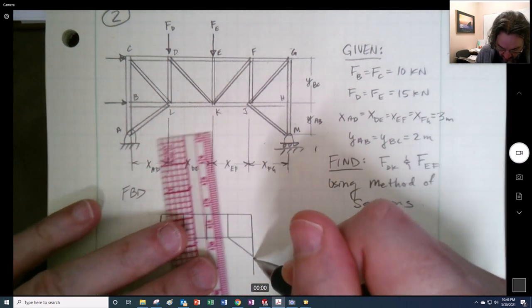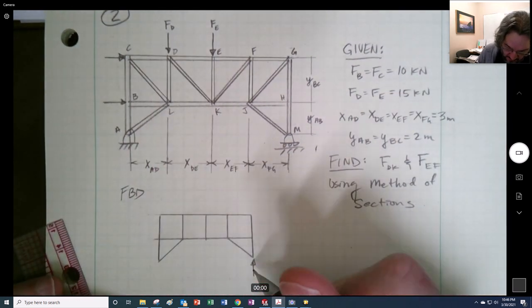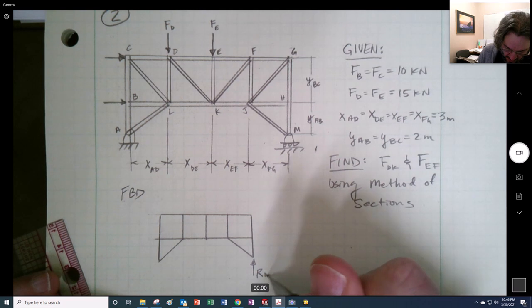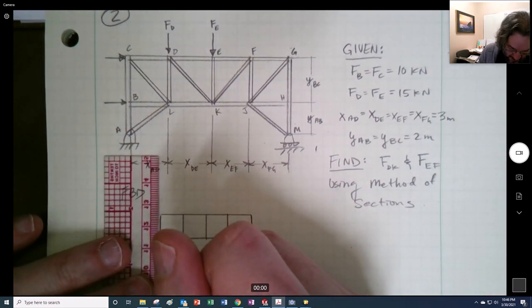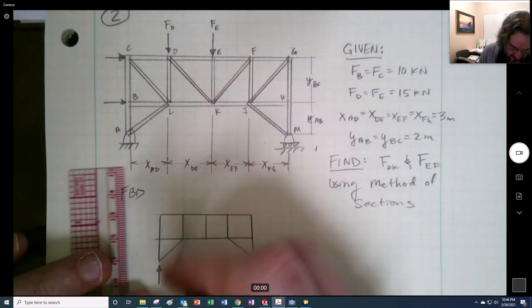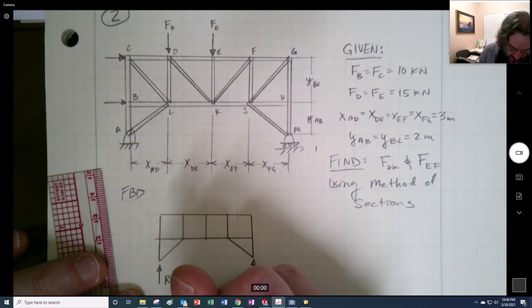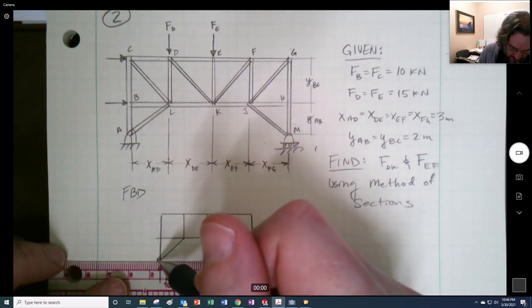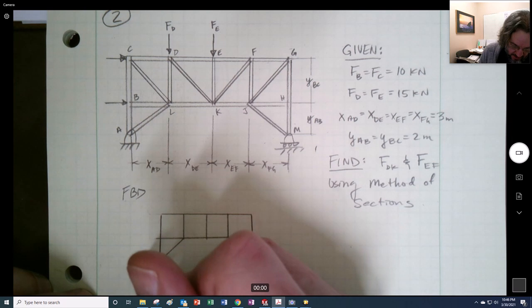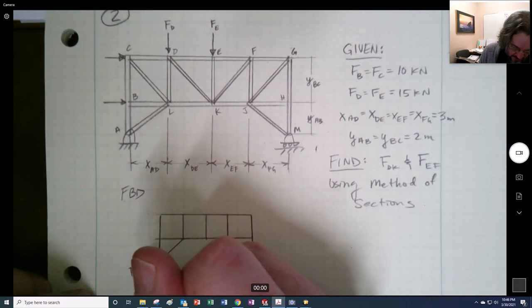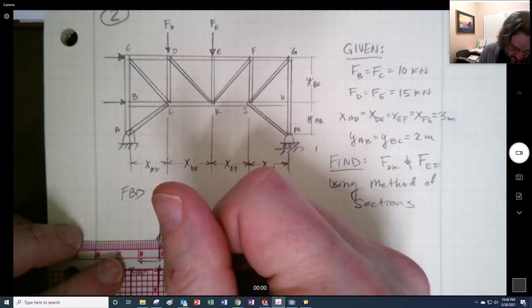So I have a force right here. That's going to be my RM. And then I have a force right here that is RAY. And coming in this direction, RAX.